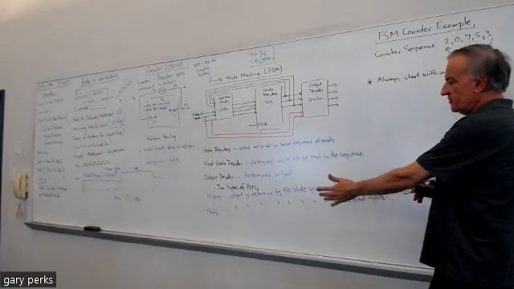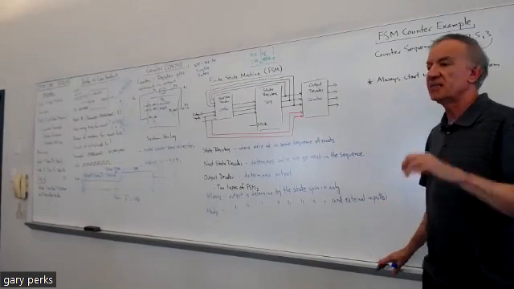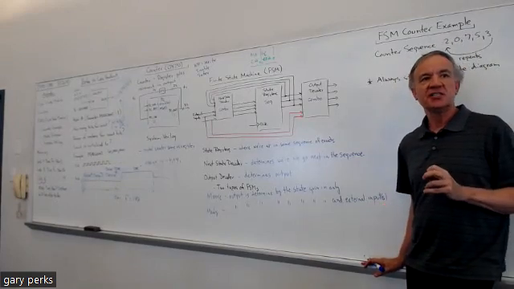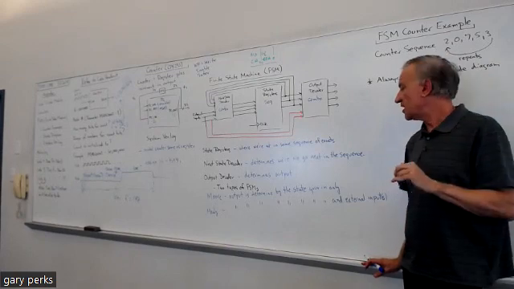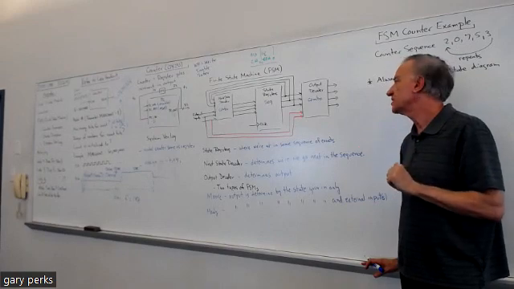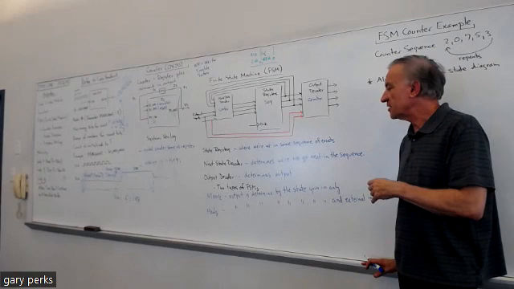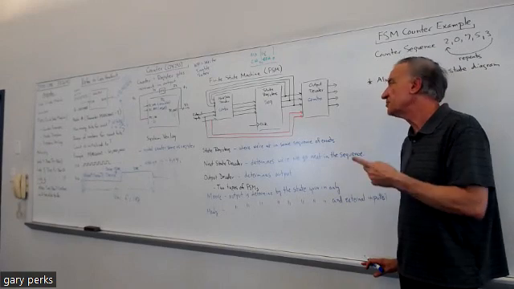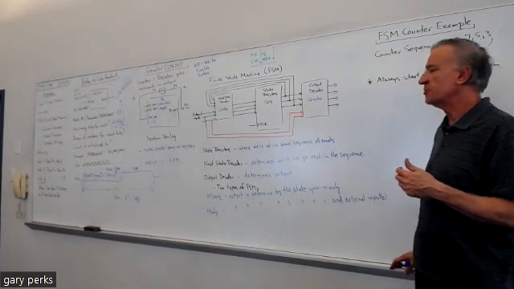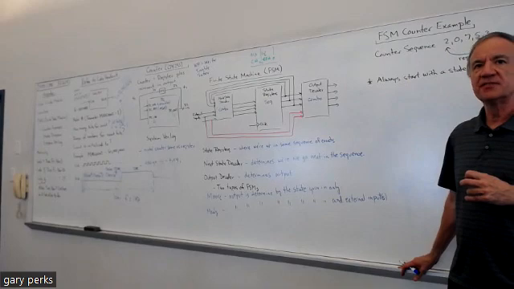So, if it's a Mealy, it not only depends on the state you're in, but it also depends on either one external input or multiple external inputs. Okay, so that's the key difference. The Moore output's only determined by the state register, because that's what gives you the state you're in. If it's a Mealy, the output's determined not only by the state register, the state you're in, but also by external inputs or input, maybe singular or plural.